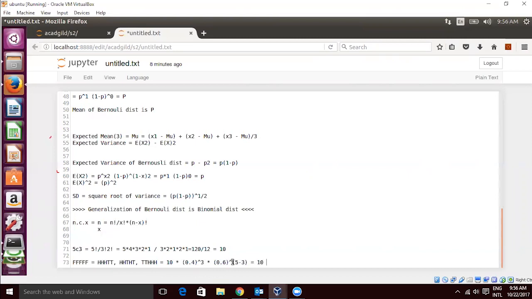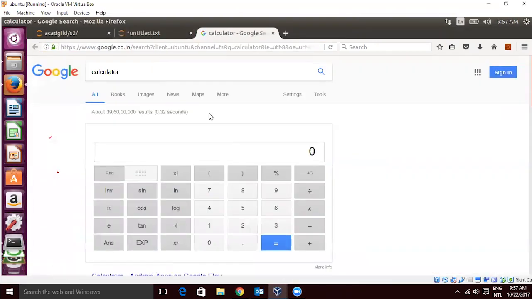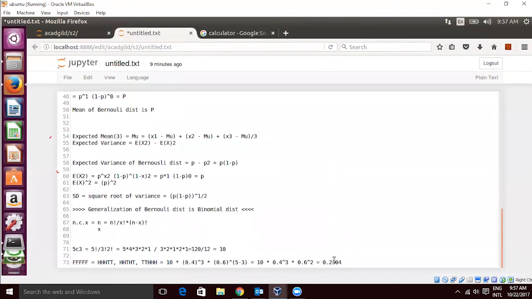So just 10 into 0.4 to the power of 3 into 0.6 to the power of 2. When you substitute this, obviously you'll get an answer. Let me open a calculator. 10 into 0.4 to the power of 3 into 0.6 to the power of 2 is 0.234.